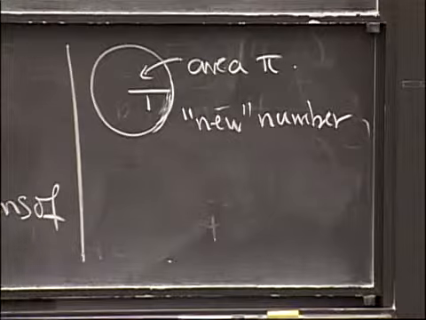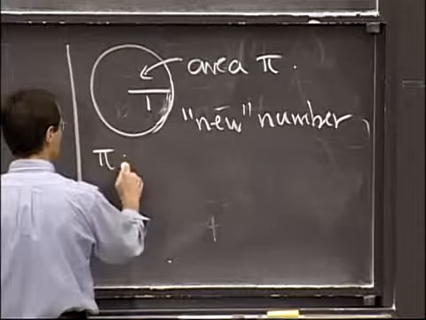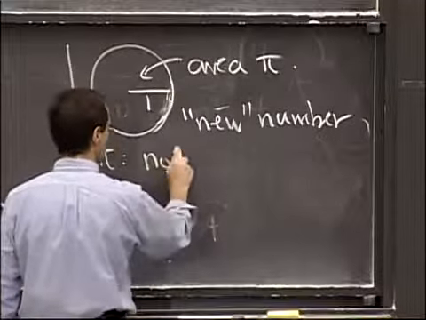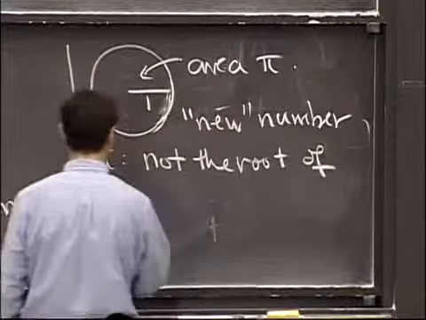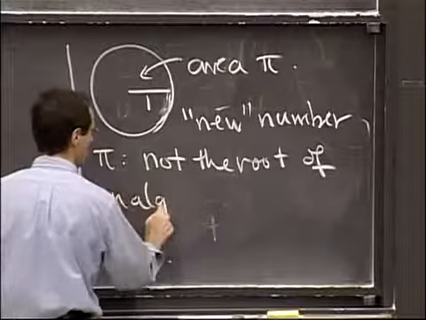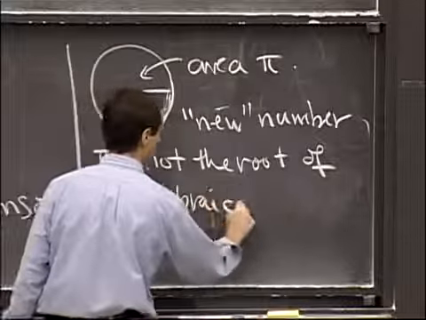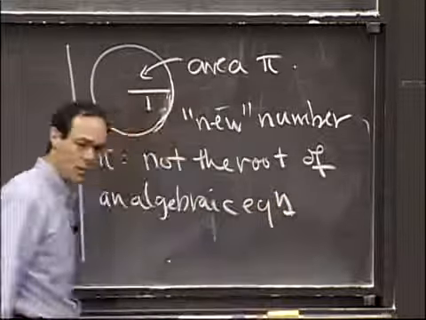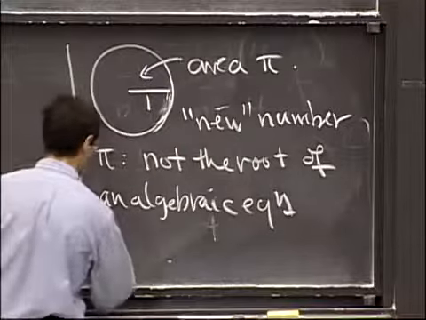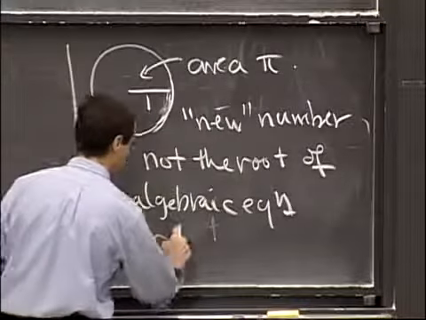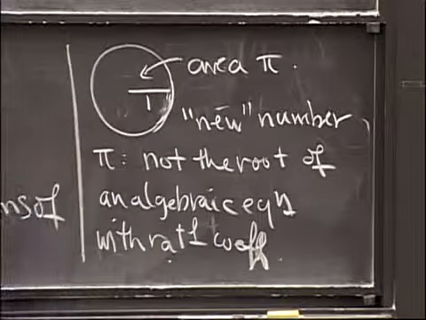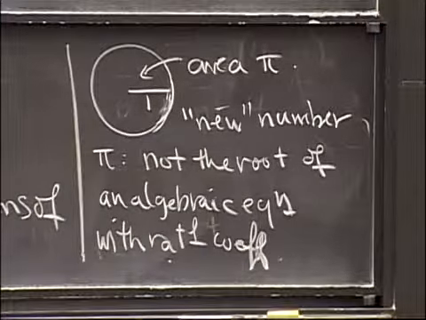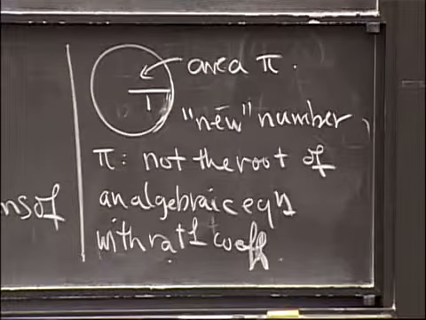And the weird thing about this number, pi, is that it is not the root of an algebraic equation with rational coefficients. It's what's called transcendental, meaning it's just completely outside of the realm of algebra.